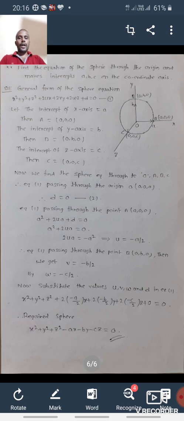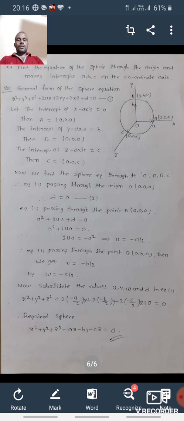We know the coordinate axes are the x axis, y axis and z axis. On the x axis the intercept is a, so the point is (a, 0, 0), where the y and z coordinates are 0.